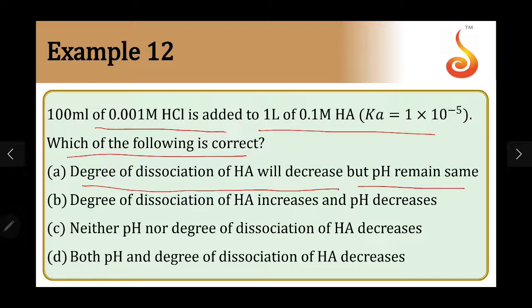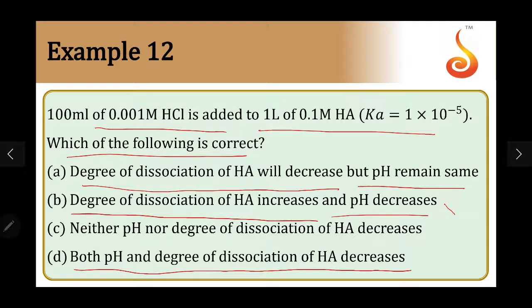So degree of dissociation of HA definitely decreases, and along with H plus concentration is increased, so pH also will decrease. So both pH and degree of dissociation of HA will decrease. That is the right answer. If you see the B option, degree of dissociation of HA increases, pH decreases, which is wrong.